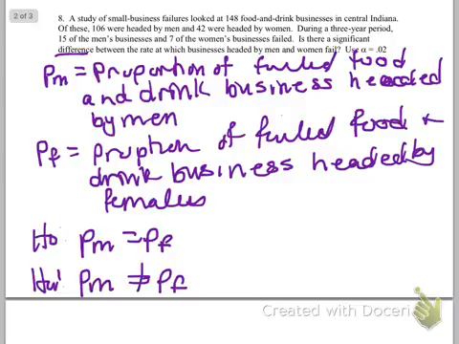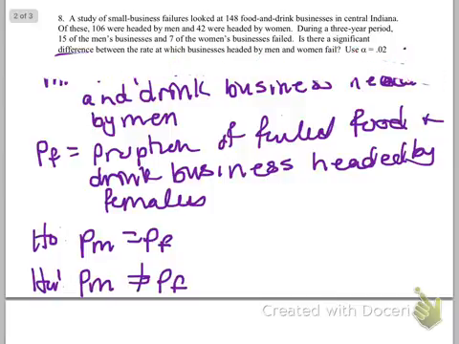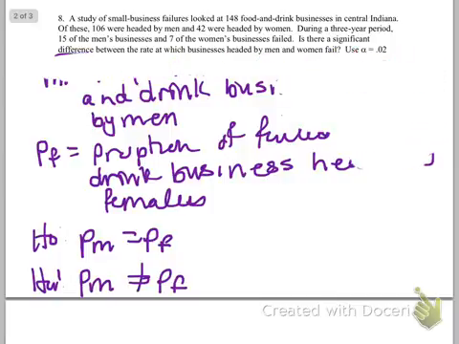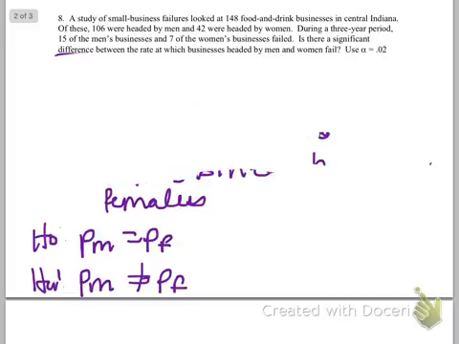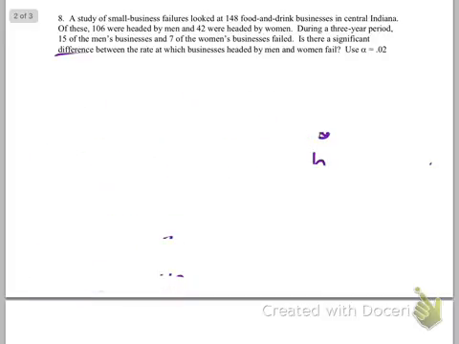All right, so I'm going to erase this to pool. Now remember that we only do that for hypothesis testing and not for confidence intervals.